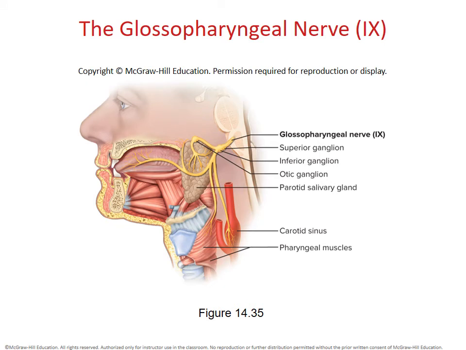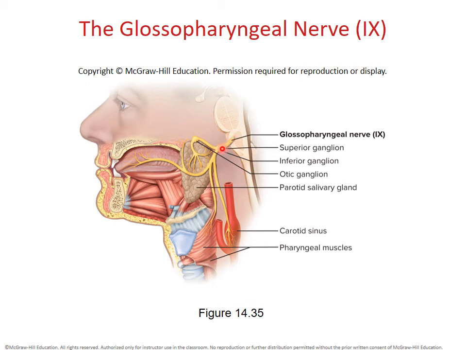The next one on our list is the glossopharyngeal nerve. The glossopharyngeal nerve is a mixed nerve, though like the facial nerve, it is primarily motor. So the glossopharyngeal nerve will pass out of the brain through the jugular foramen.